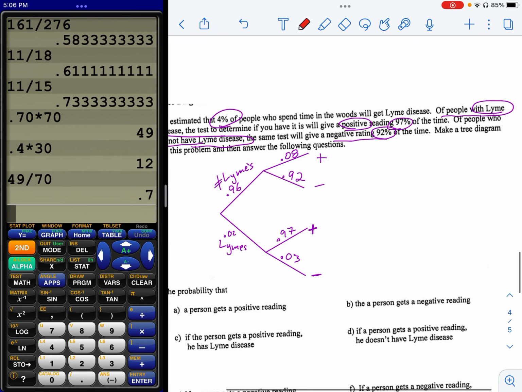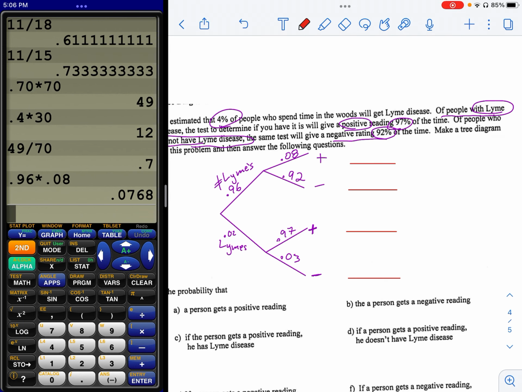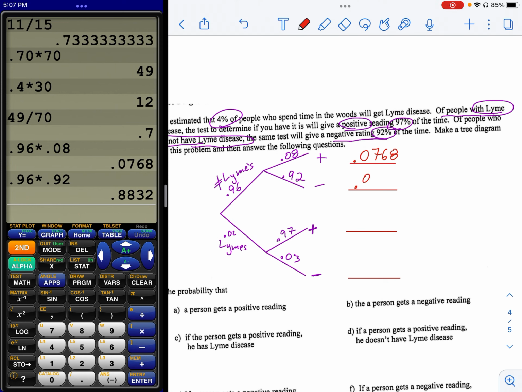Then I'm going to find the probabilities of all four of these branches by multiplying, right? Like what's the probability of this one? It's 0.96 times 0.08. So I'm sitting at 0.0768. Then I'm going to do 0.96 times 0.92. 88% of the people.